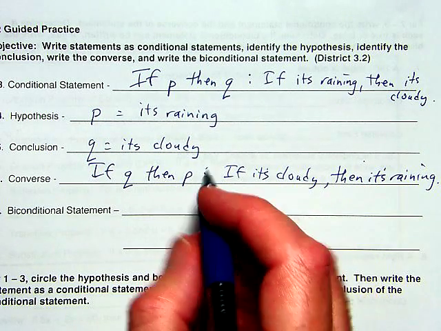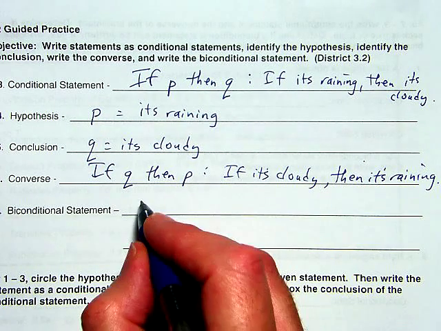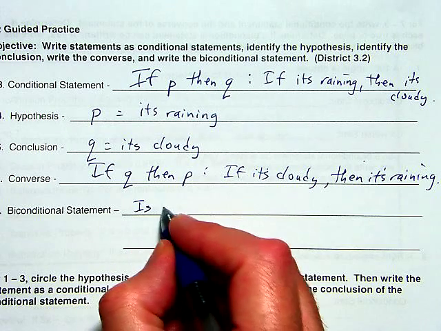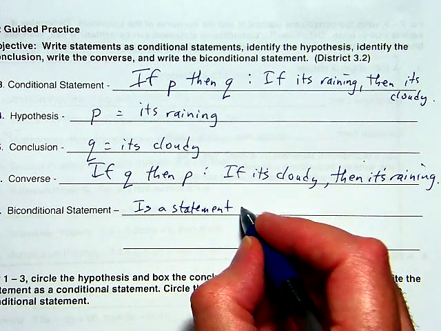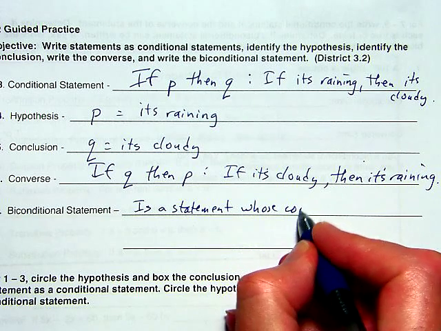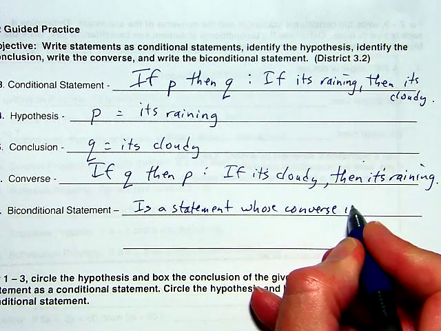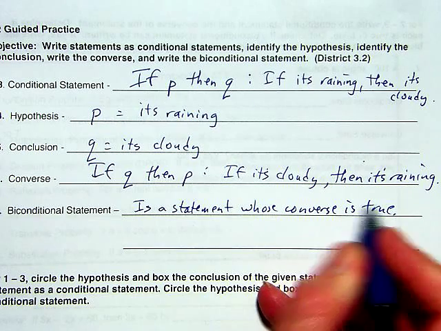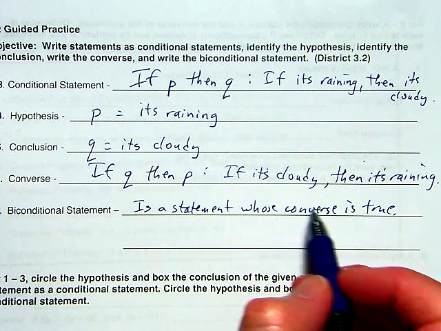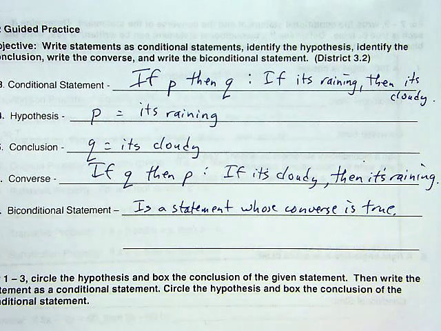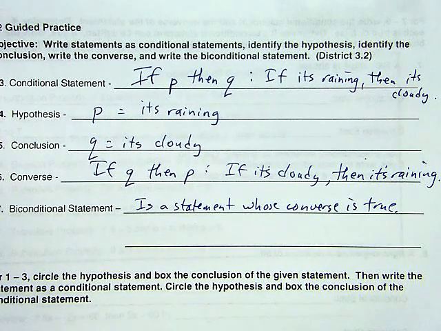A biconditional statement basically is a statement whose converse is true. So unlike this statement, there are statements whose converse is true. And we're going to come across a number of them a little bit later on.